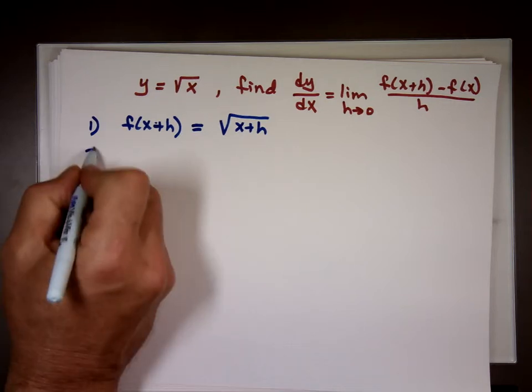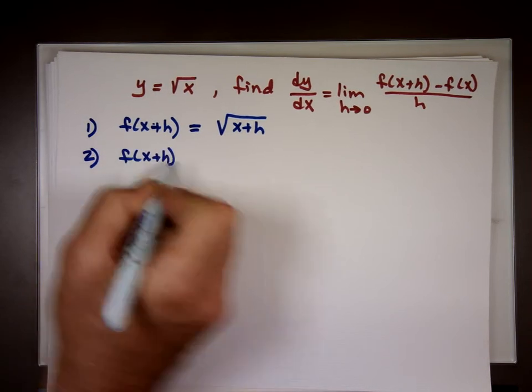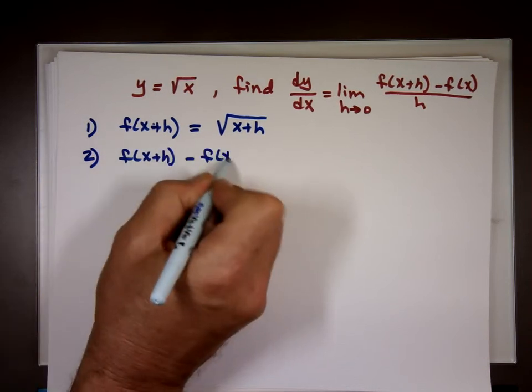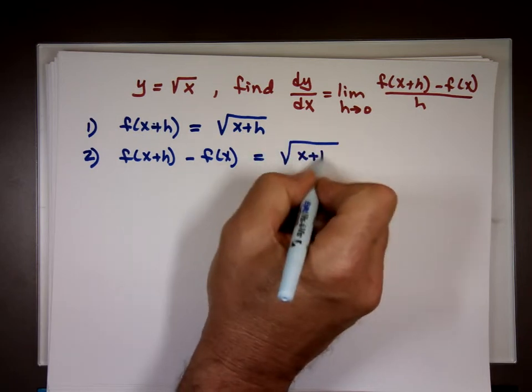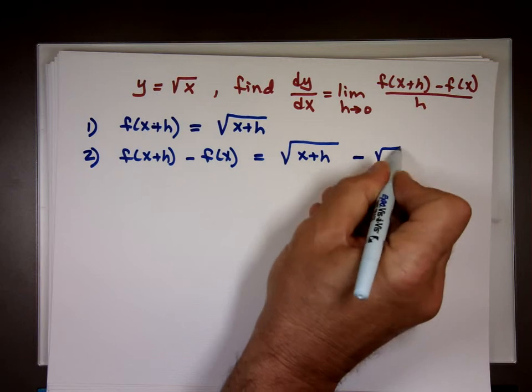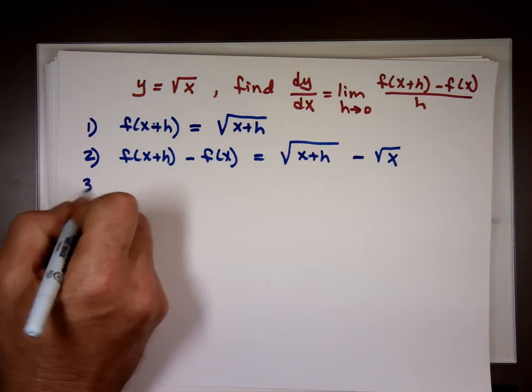Step number 2. f of x plus h minus f of x. Can we simplify that? No. Can't. Nothing you can do so far. Step number 3, divided by h.